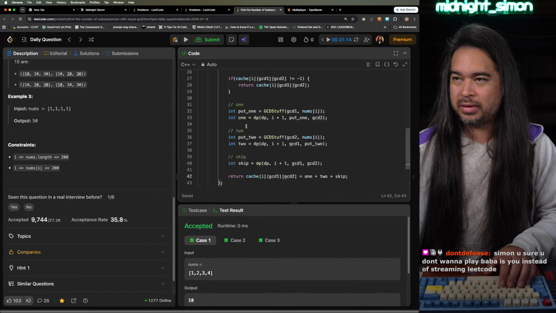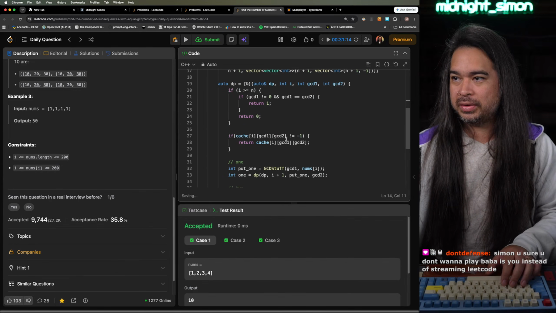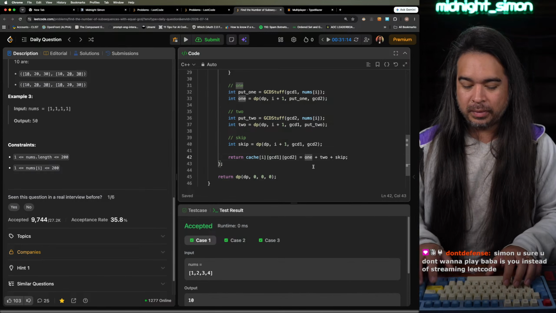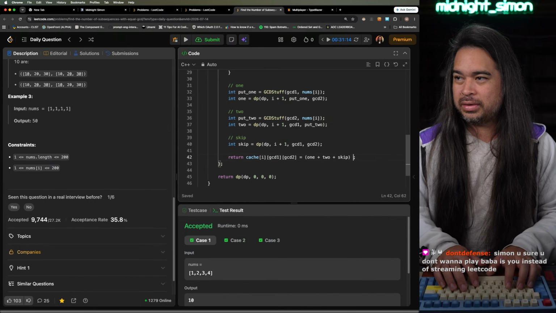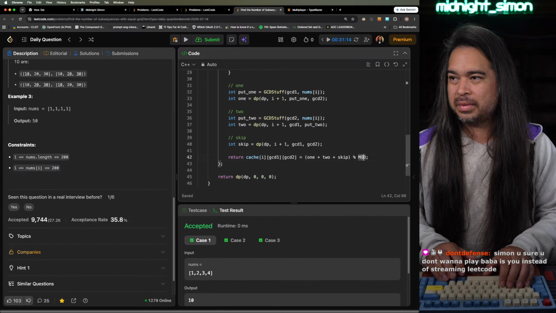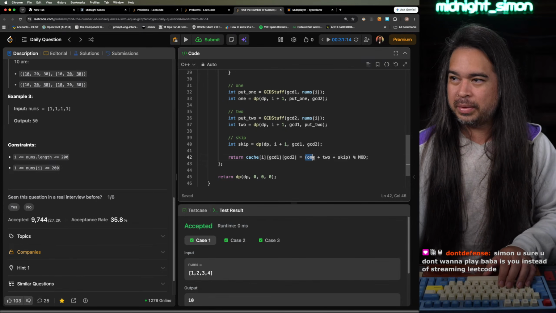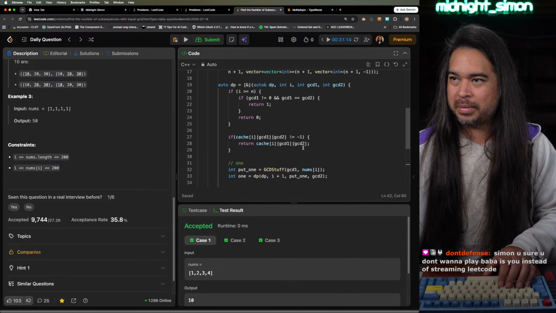And then we need to do the mod. So can I just go like that? Or will that overflow? There's a chance that this might overflow, right? Doing 2 of them like that.